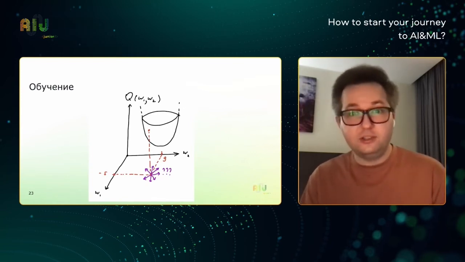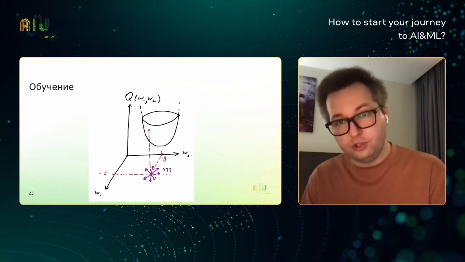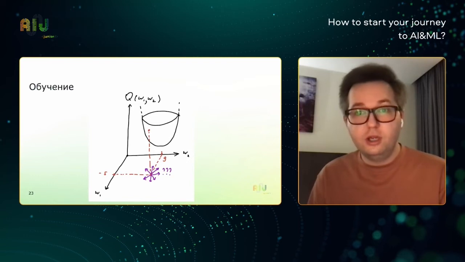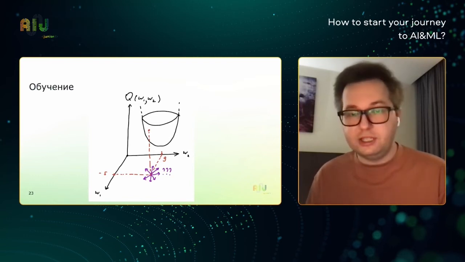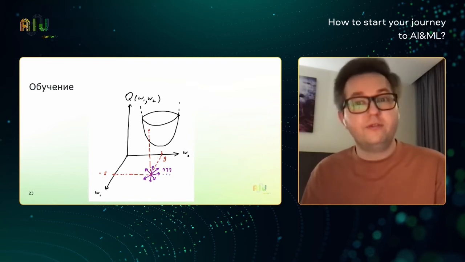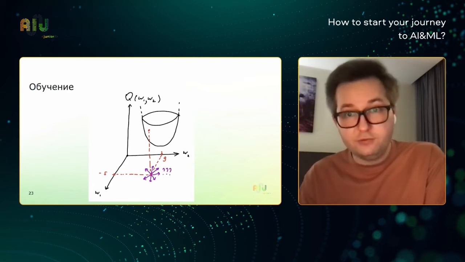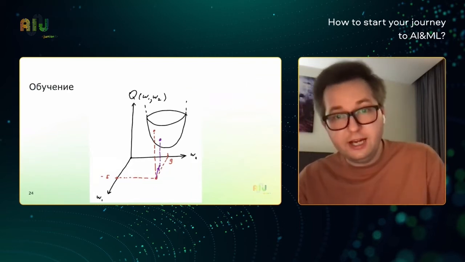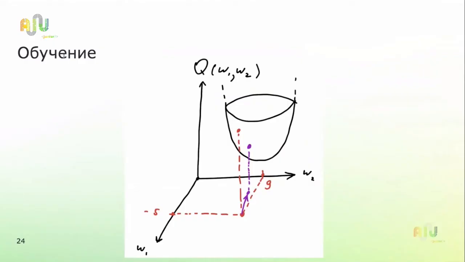And the gradient shows that if you have a function, you can calculate the gradient, which tells you the direction where the function will grow as fast as possible. If you take the negative one, it will tell you where the function is descending. We calculate the shifts and move towards the minimum point.